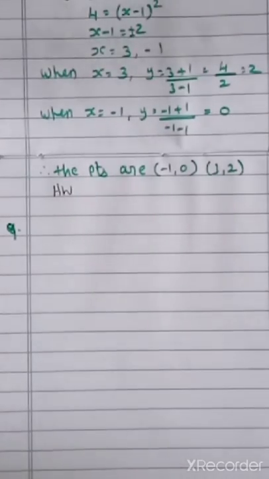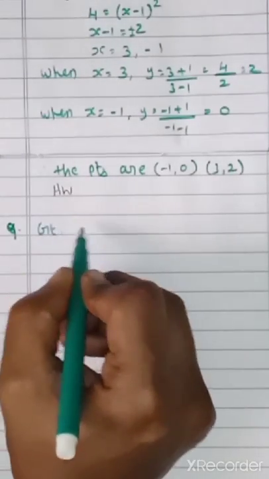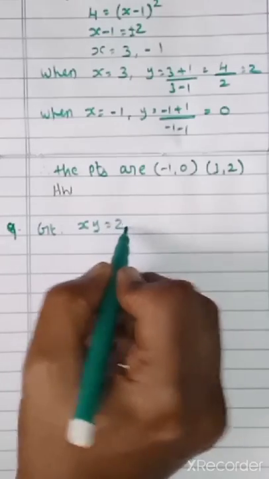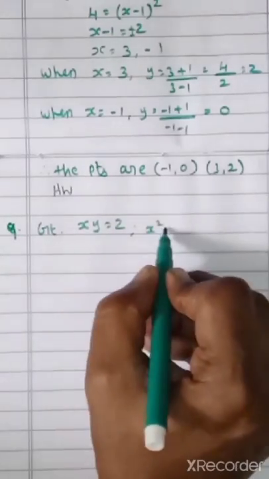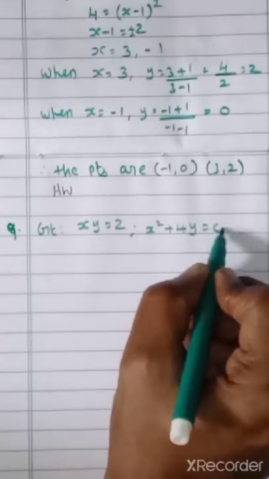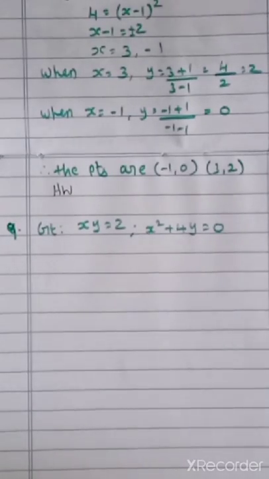Find the angle between the curve xy equal to 2 and x square plus 4y equal to 0. So what is given? Curve xy equal to 2 and x square plus 4y equal to 0. So 2 curves are given. Using this, what we have to find out?